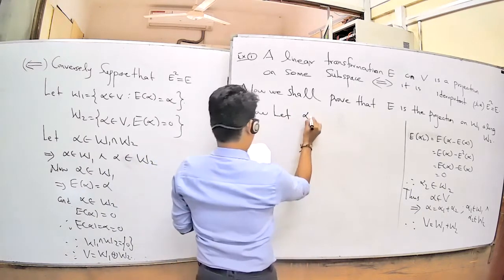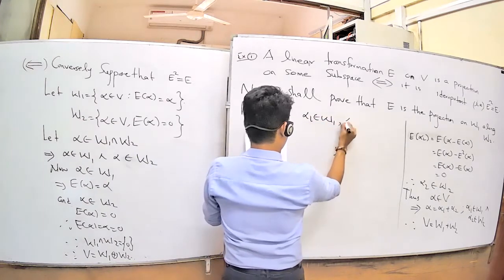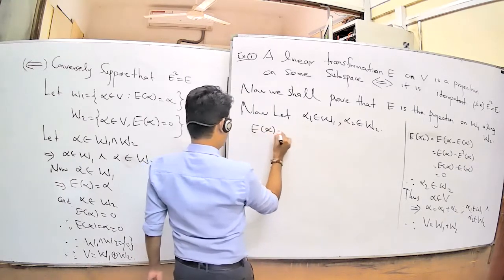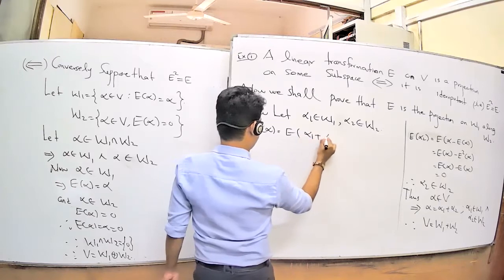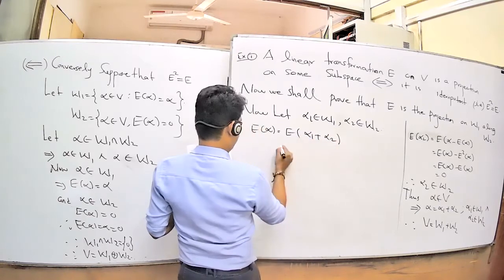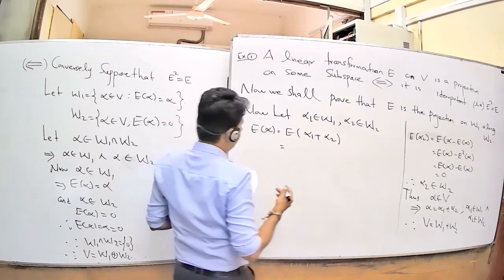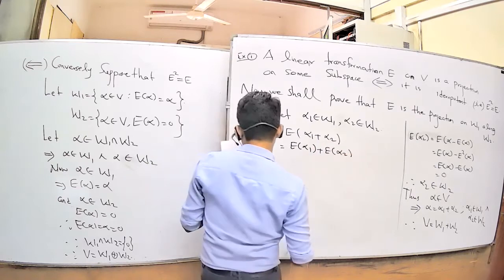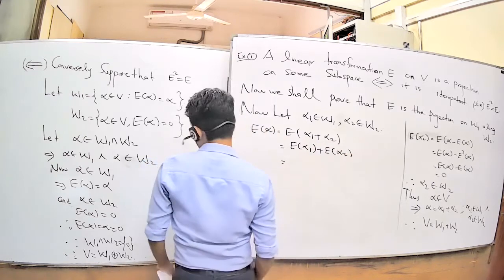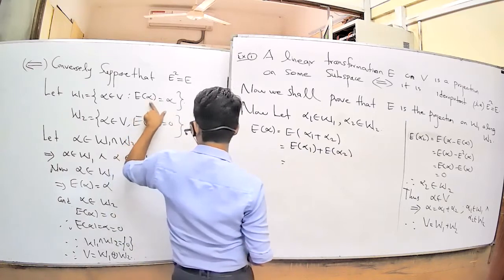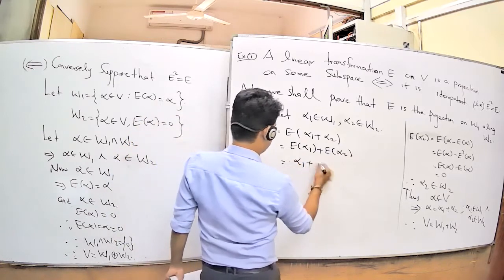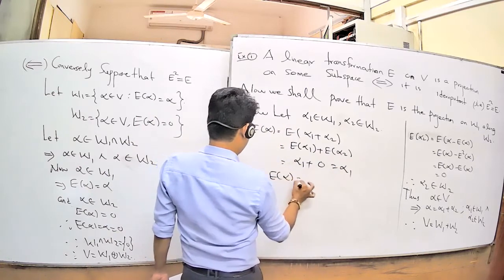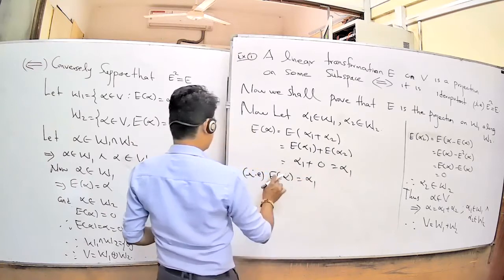Now let alpha 1 belong to W1 and alpha 2 belong to W2. You want to show that E alpha equals alpha 1. E alpha equals E alpha 1 plus E alpha 2, since E is linear. E alpha 1 equals alpha 1 because alpha 1 belongs to W1, plus E alpha 2 which is 0. You get alpha 1. So E alpha equals alpha 1, which is the projection mapping condition.